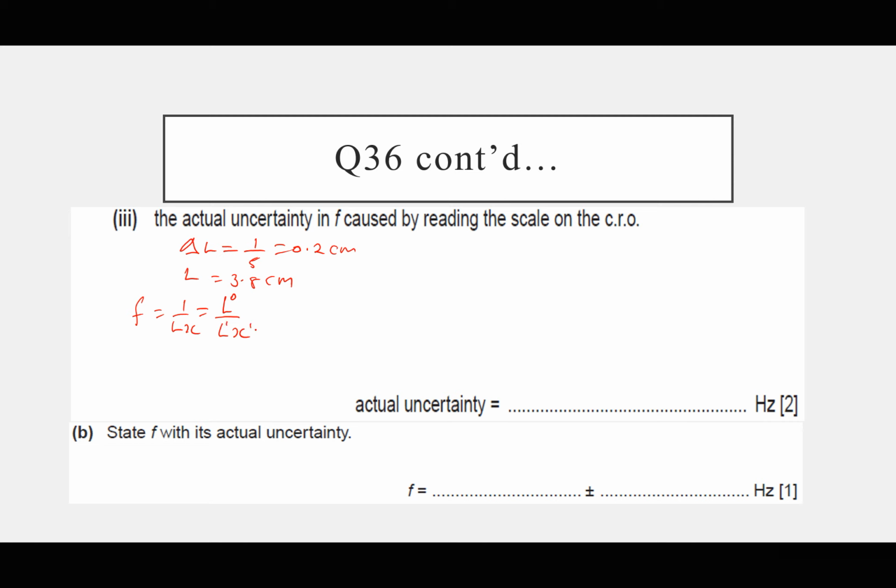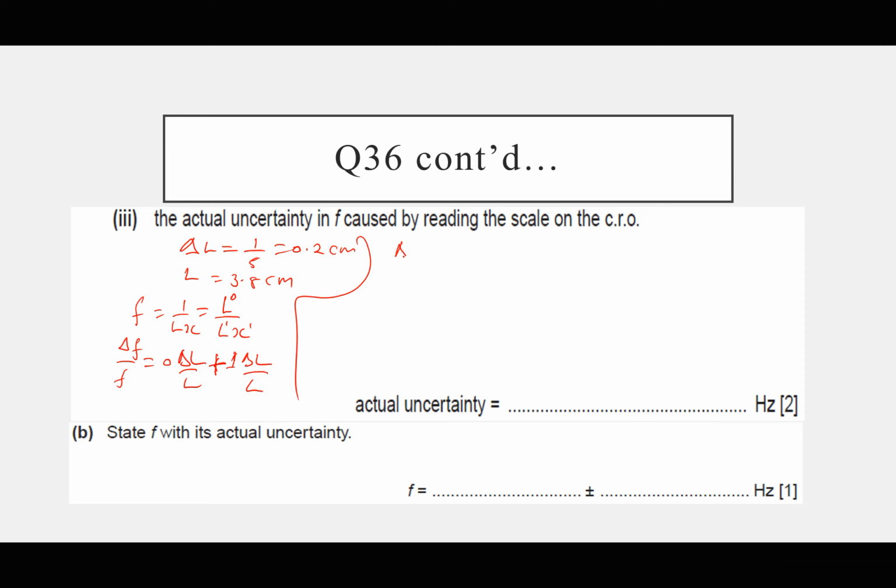This is power 1. And this is the same as absolute in F over F is equal to 0 times absolute in L over L plus 1 times absolute in L over L. So remember, we multiply the powers by the fractional uncertainty. Of course, I ignore X because it's a constant. It is like a coefficient without an uncertainty.